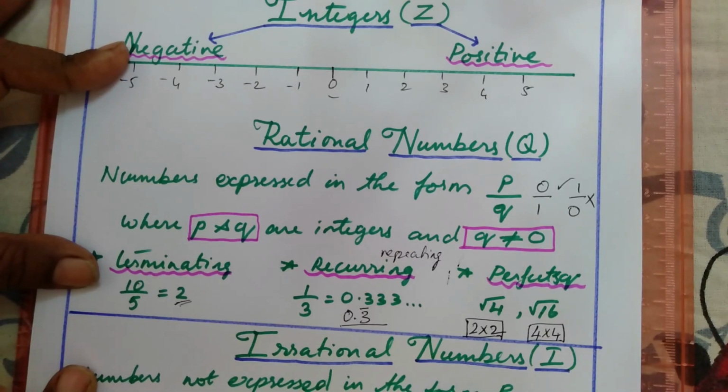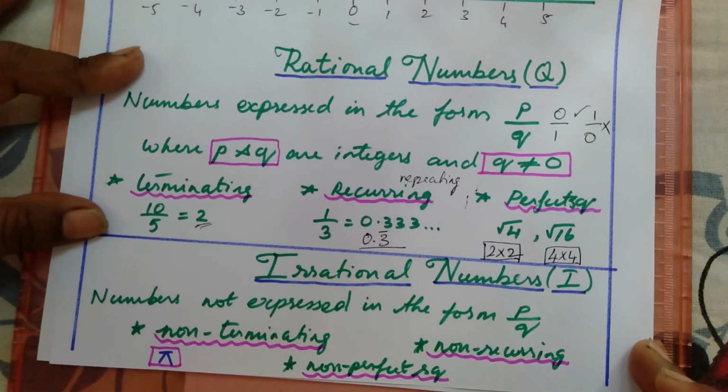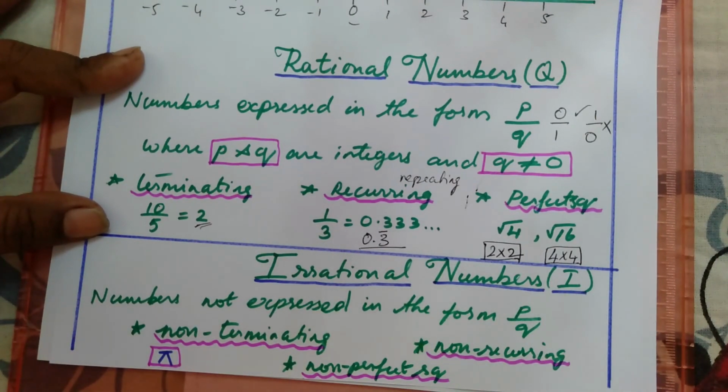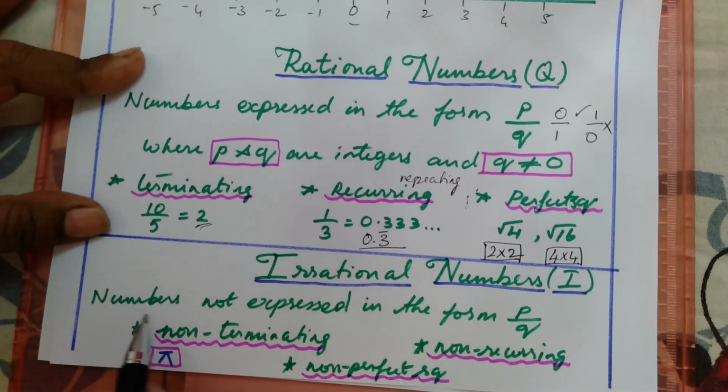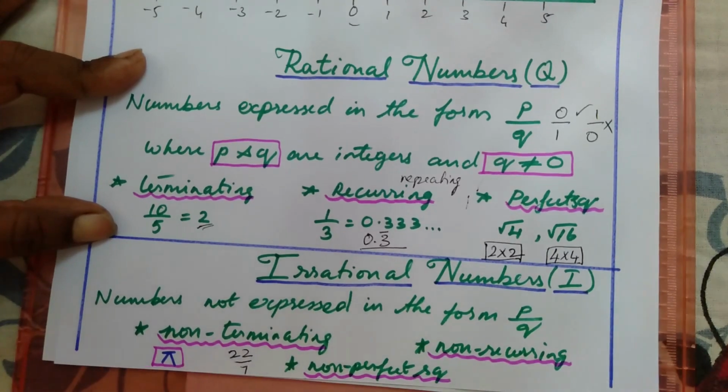Okay. Then the last category is irrational numbers. It is denoted by the letter I. Now these numbers are not expressed in the form of P by Q, and the characteristics are that these numbers are non-terminating. Now the best example for irrational numbers is pi. Now pi is written in the form of 22 by 7, right?